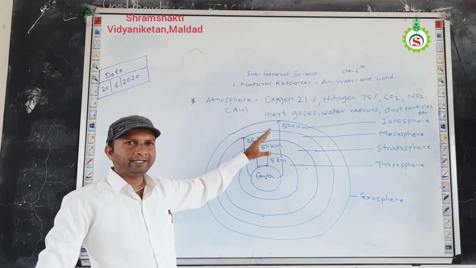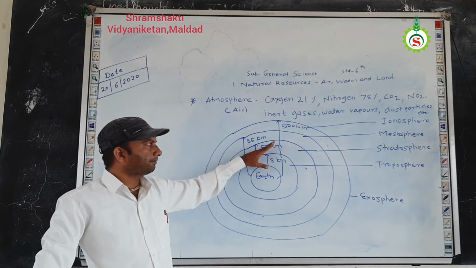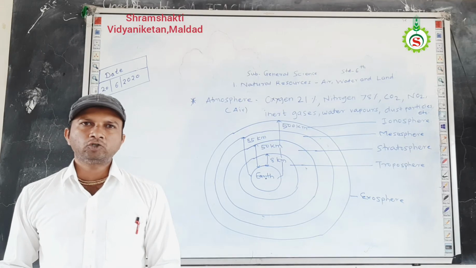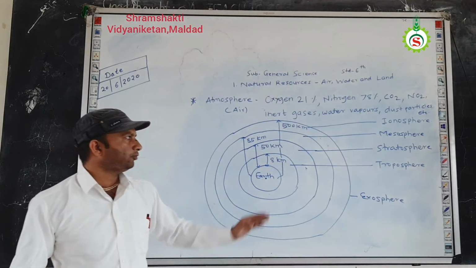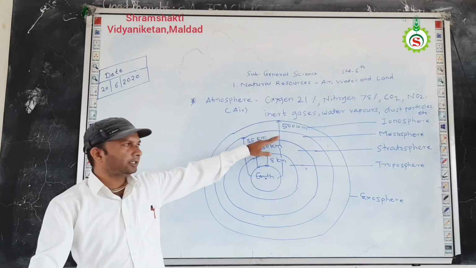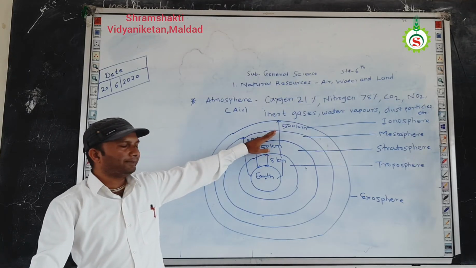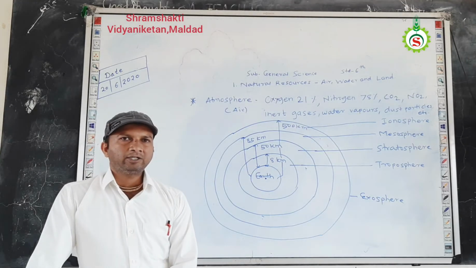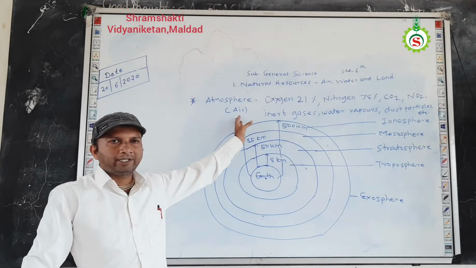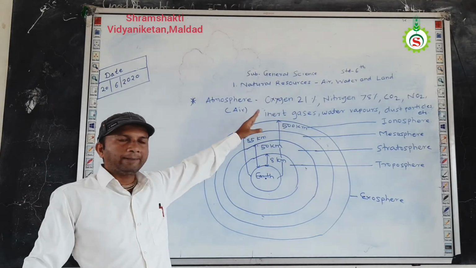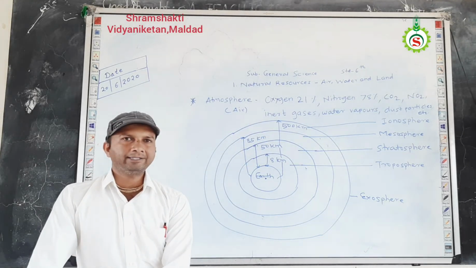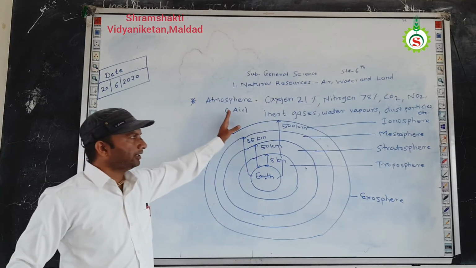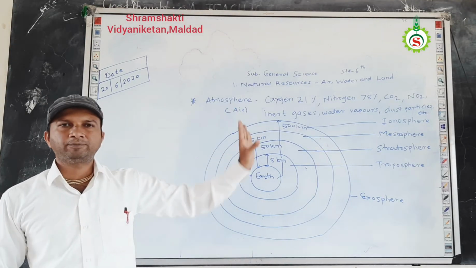When we go beyond stratosphere, in the mesosphere and ionosphere, the proportion of gases goes on decreasing, and in the exosphere no air is present.